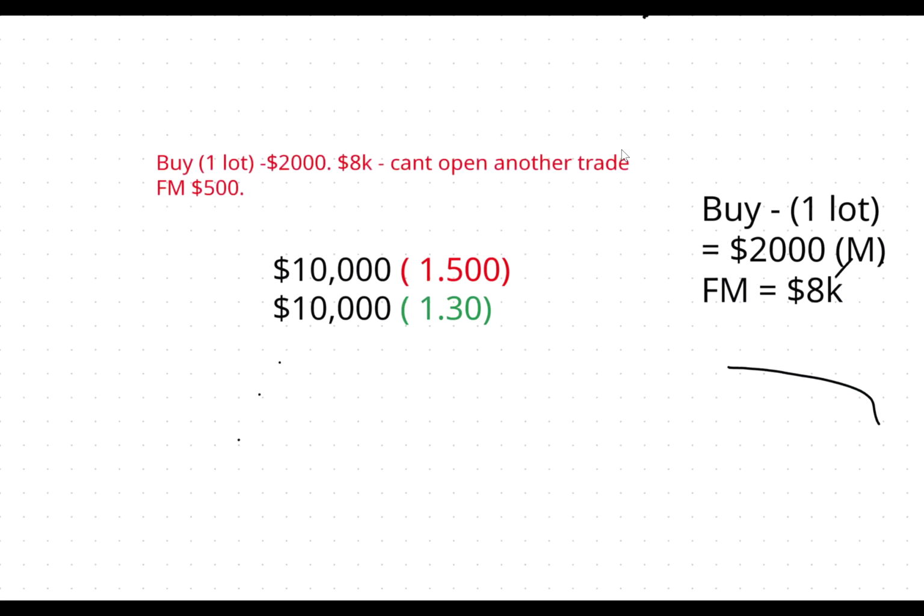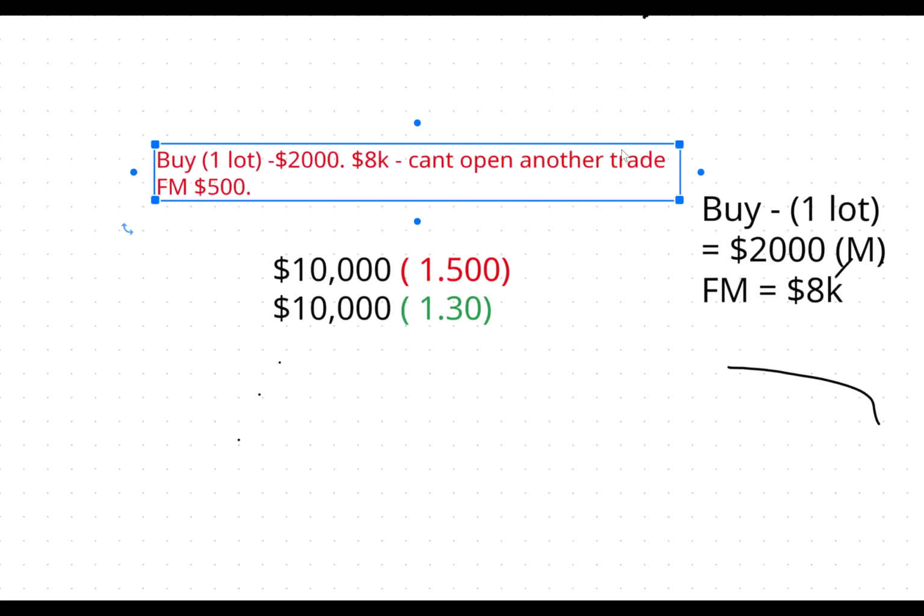Because he used one lot to place the trade, and the $2,000 margin was taken, ideally he should have $8,000 left as his own free fund, but the broker will only show him $500 free margin. The reason is that he uses one lot to place that trade.